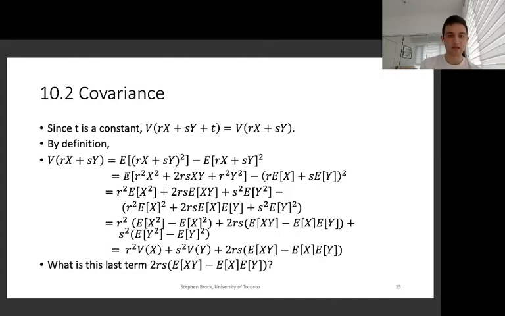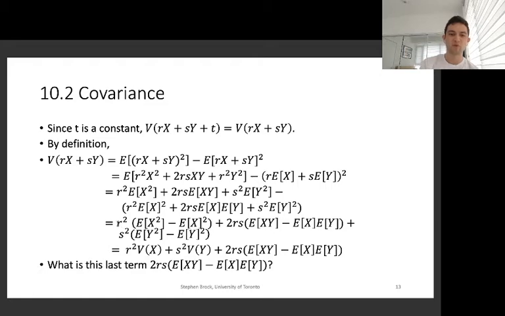Now we can apply the linearity of expectation to the first term, and then to the second term, we can expand this binomial. So we have R squared expected value of x squared plus 2rs expected value of xy plus S squared expected value of y squared, minus all of this: R squared expected value of x squared plus 2rs expected value of x times expected value of y plus S squared expected value of y squared.